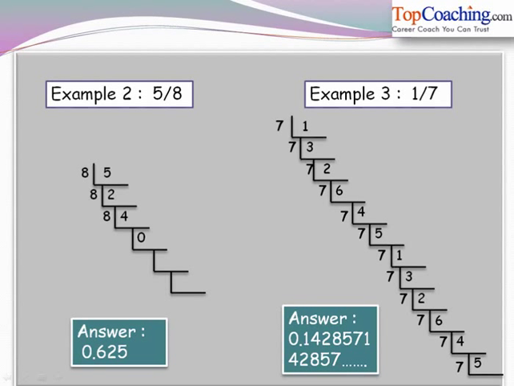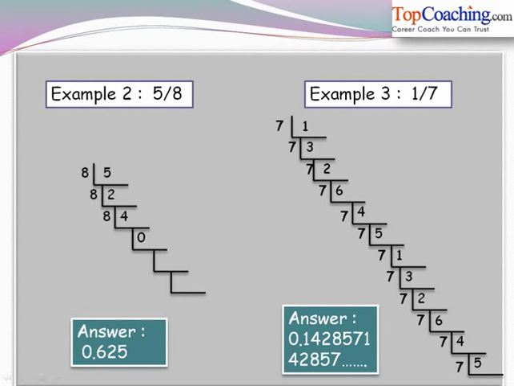One more important thing to notice: the remainders are 3, 2, 6, 4, 5, 1, then again 3, 2, 6, 4, 5 and so on. Thus the remainders are also repeating, just as the quotient pattern 142857 is repeating.